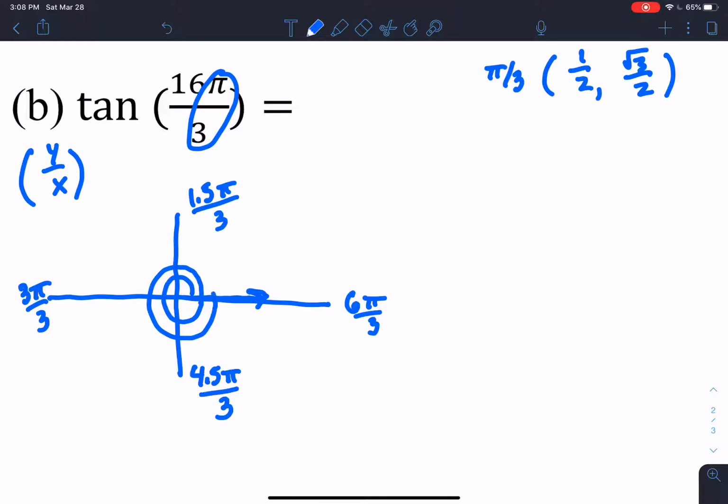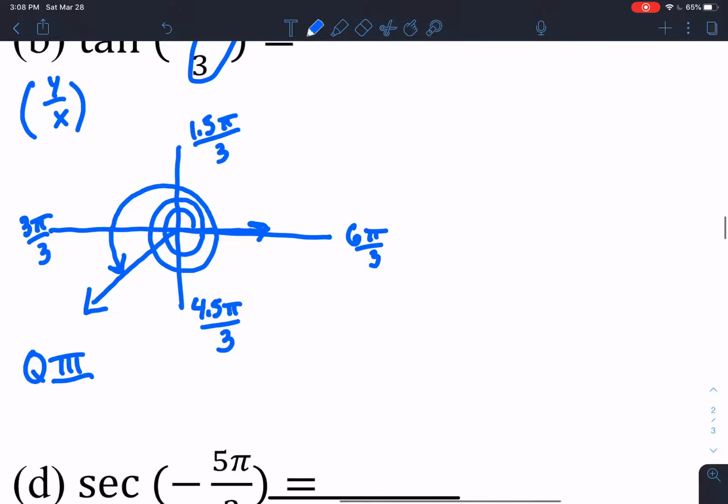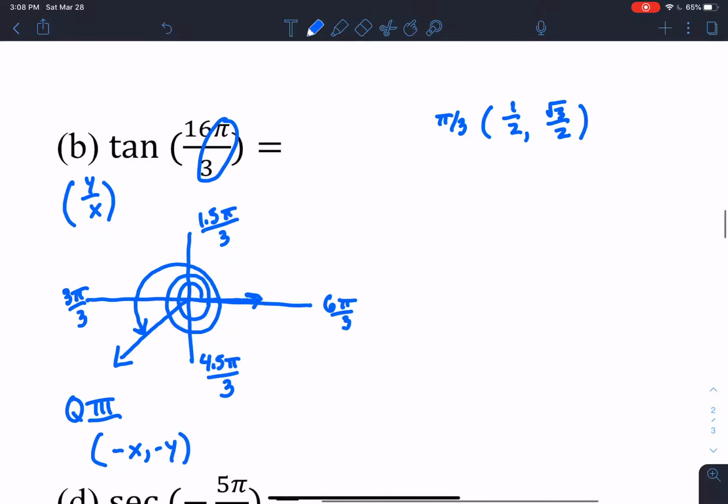So 4 pi over 3 would go in quadrant 3. Okay, so it's in quadrant 3. All right, so anything in quadrant 3, I know that the x term is negative and the y term is negative. Okay, so I just have to take my coordinate that I found and make them both negative.